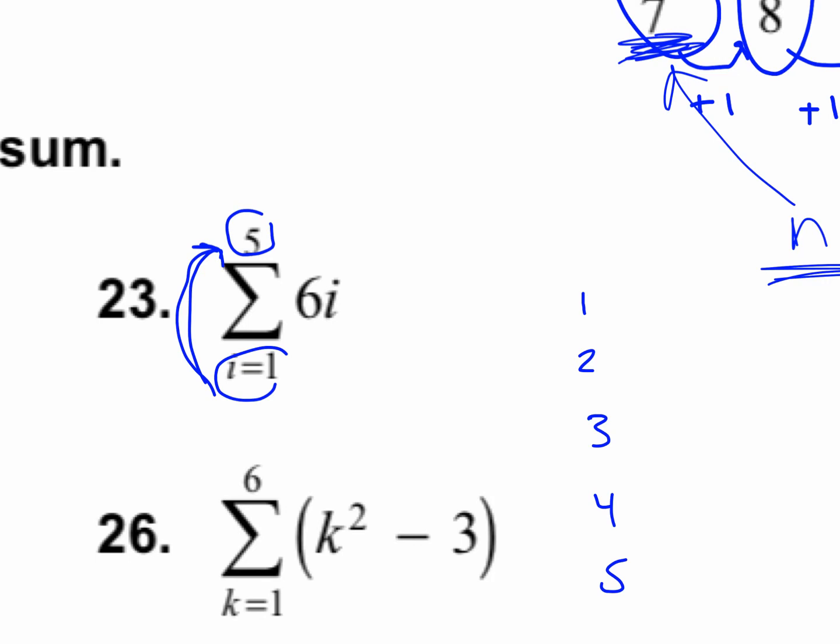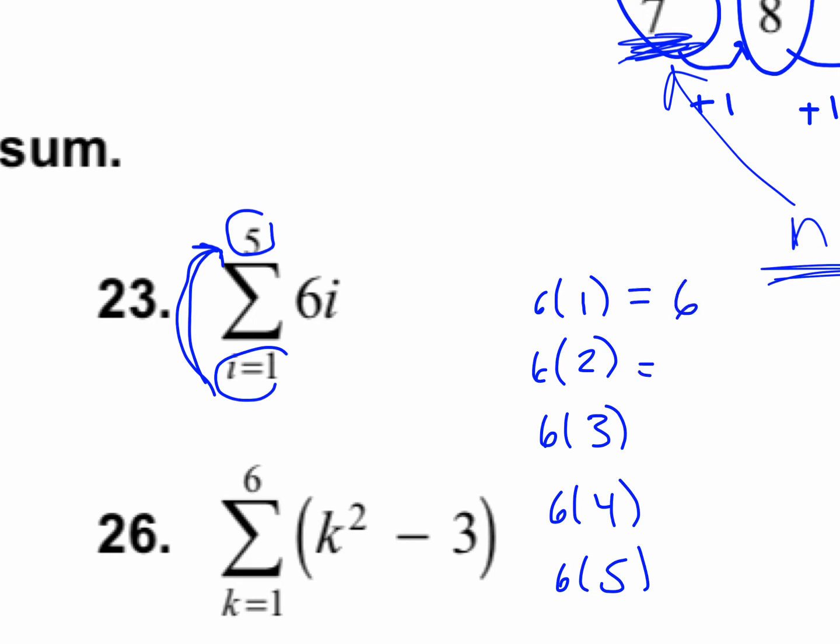So we plug in 6 times 1, 6 times 2, 6 times 3, 6 times 4, and 6 times 5. So 1 times 6 is 6, 2 times 6 is 12, 3 times 6 is 18, 6 times 4 is 24, and 6 times 5 is 30.